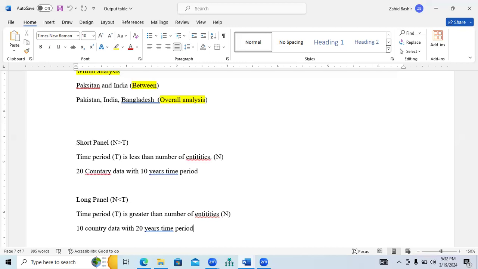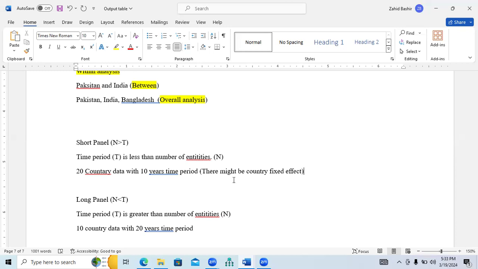Now, let me tell you why I have differentiated both of these. If you notice, in case of short panel, the number of countries is more than the time period. In this case, there might be country fixed effect because there are more countries than time periods.